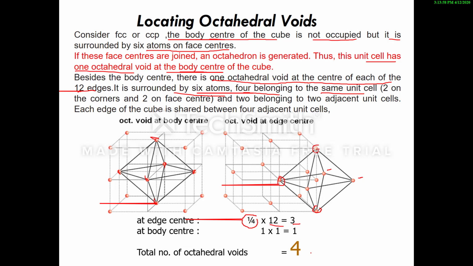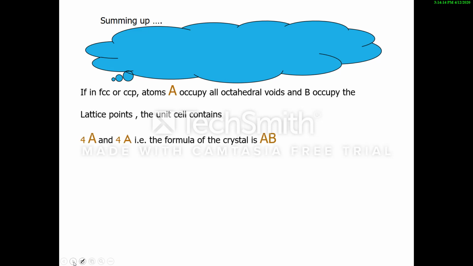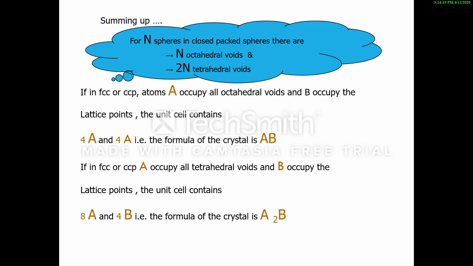Is it clear? Now we already discussed, if n is the number of particles, then n will be the number of octahedral voids and 2n will be the number of tetrahedral voids. Now sum up whatever we have discussed. If there are n spheres in a close packing, then we have n octahedral voids and 2n tetrahedral voids.